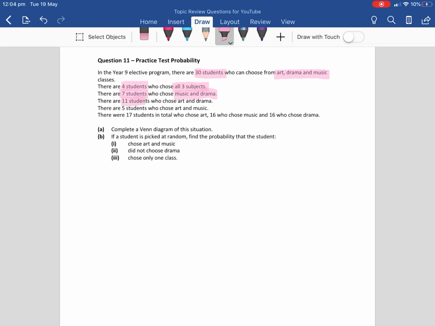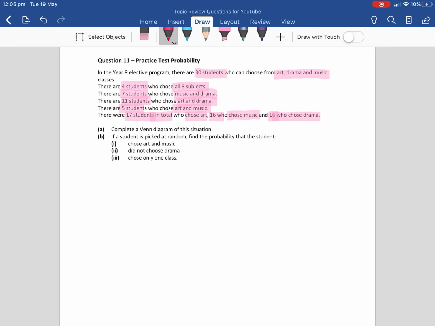There are 11 students who chose art and drama, 5 students who chose art and music, and 17 students in total who chose art. And there are 16 who chose music and 16 who chose drama.